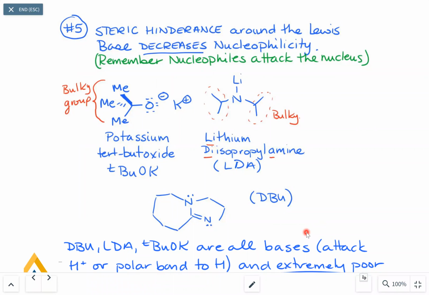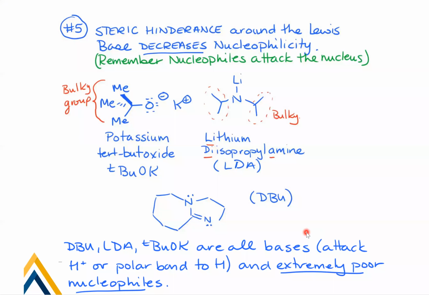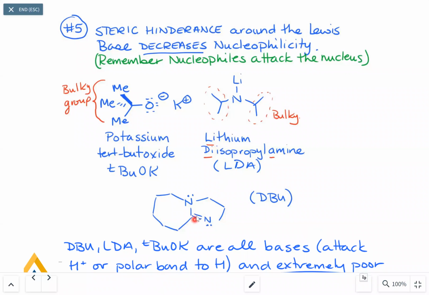And this takes us all the way back to the first term concepts. So DBU has two nitrogens here. One is sp2 hybridized, one is sp3.